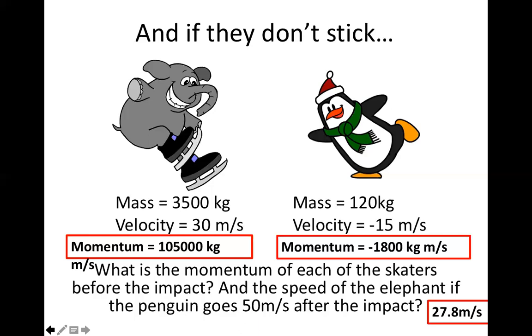I got 2.9. Try to think. They don't collide together, so they don't stick together. And then the penguin goes 50 meters per second after the impact. So what will be the speed of the elephant? 30 plus 50.